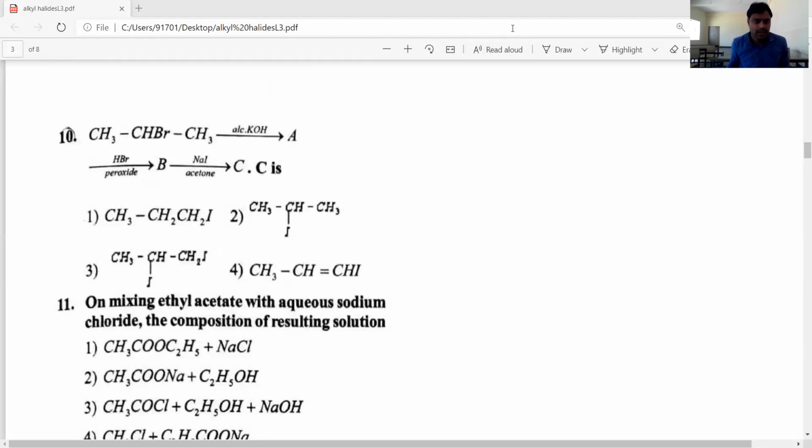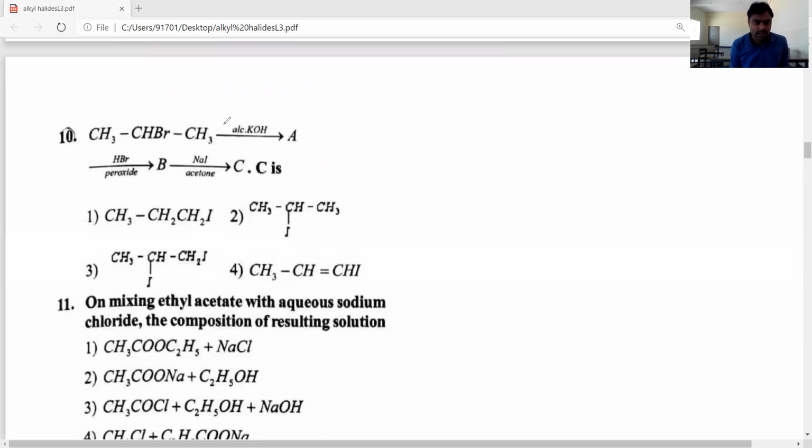This conversion: alcoholic KOH means an elimination reaction. 2-bromopropane, CH3 CH Br CH3, treated with alcoholic KOH means loss of HBr, dehydrohalogenation. The halogen-attached carbon we consider as the alpha carbon.